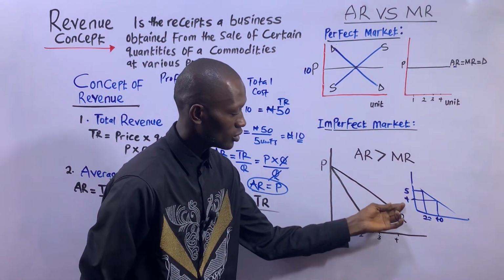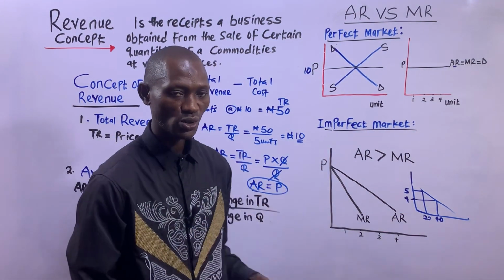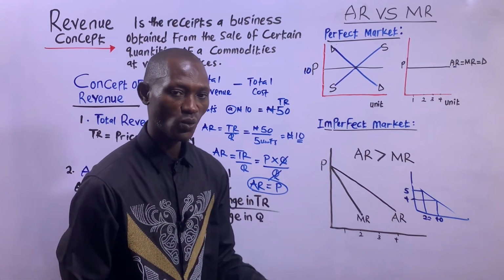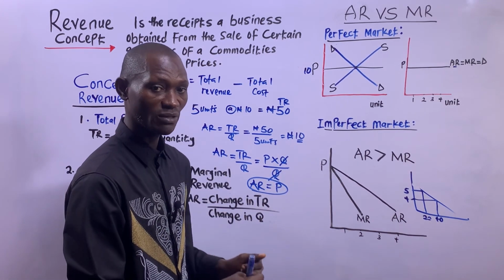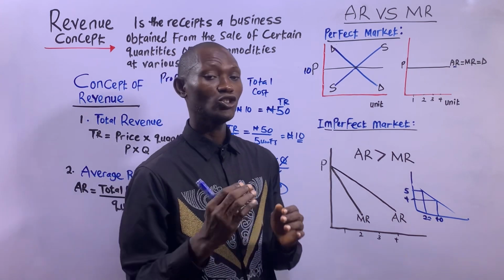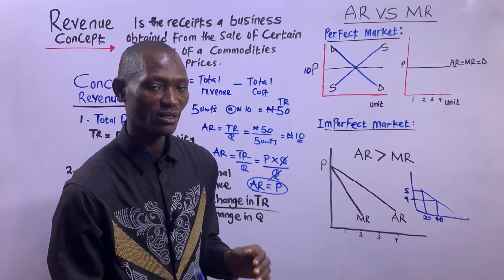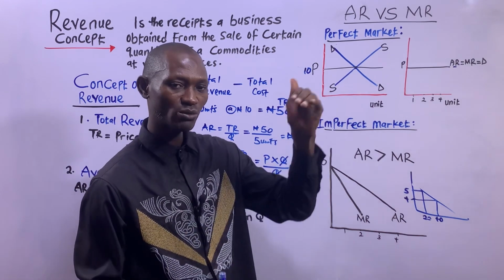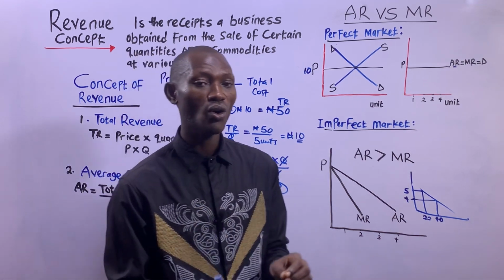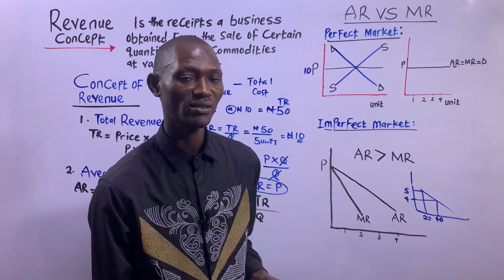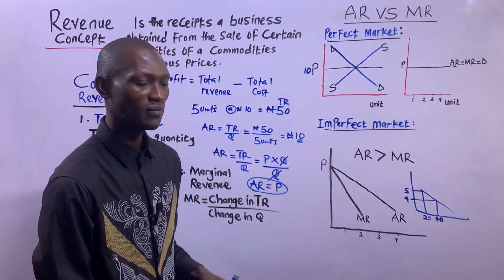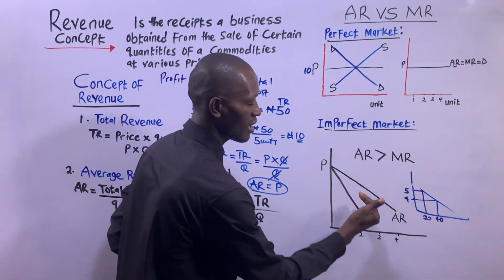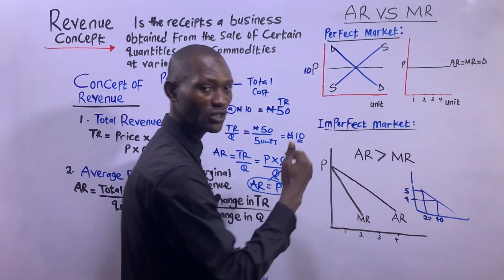So that means your sales will increase, your total revenue will increase as a result of moving down the demand curve. Then what that means is that your marginal revenue will fall as your total revenue rises. But the effect of the increase in your total revenue is that your marginal revenue will fall faster than your average revenue, and that's why we have it here. Your marginal revenue lies below the average revenue.